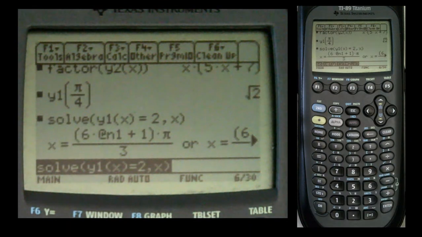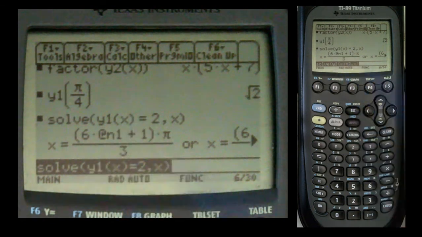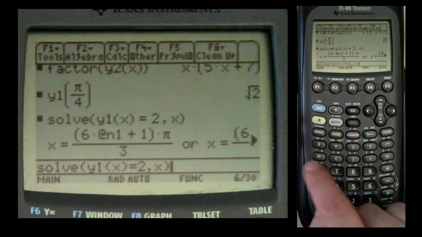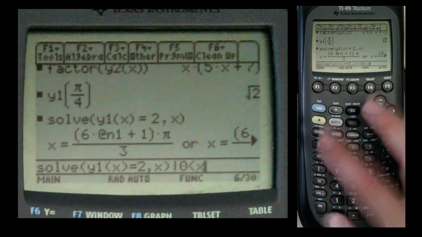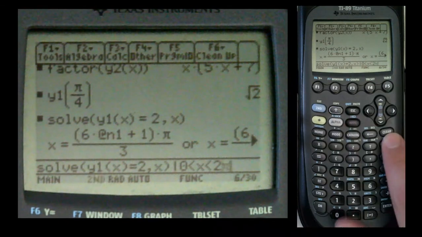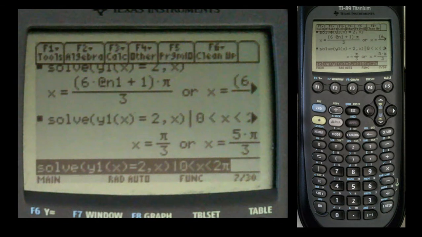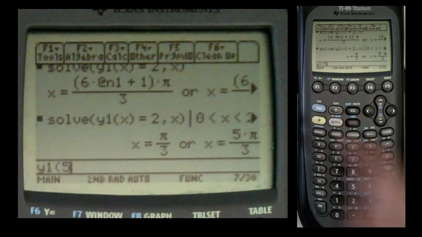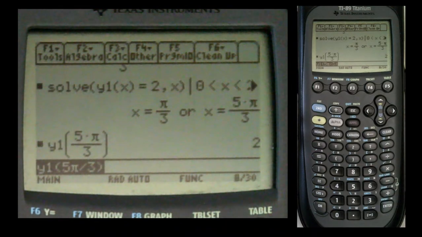This is a good reminder that the easiest way to fix this is to put an evaluation and say, let's do it from 0 is less than x is less than 2 pi. That is one full unit circle. And then you can see that it'll give us pi over 3 and 5 pi over 3 as our two answers. And if I were to do y1 of pi over 3, that's going to be equal to 2, which is what we were looking for.